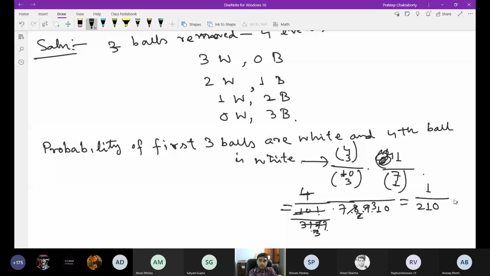So the probability that the first 3 balls are white is 4 choose 3 by 10 choose 3. Is that correct? And then the probability the fourth ball is also white is 1 by 7 choose 1. So 1 means here 1 choose 1.